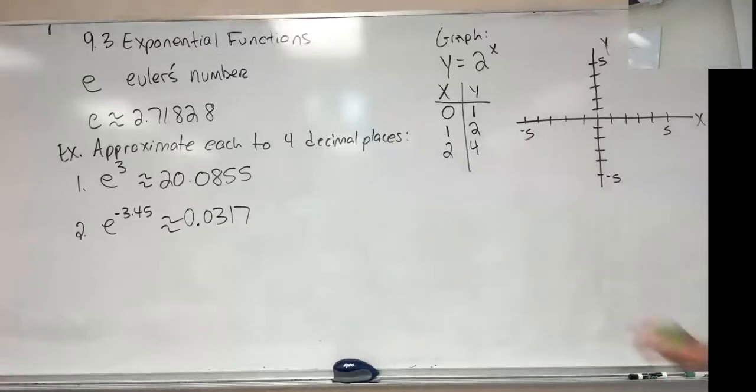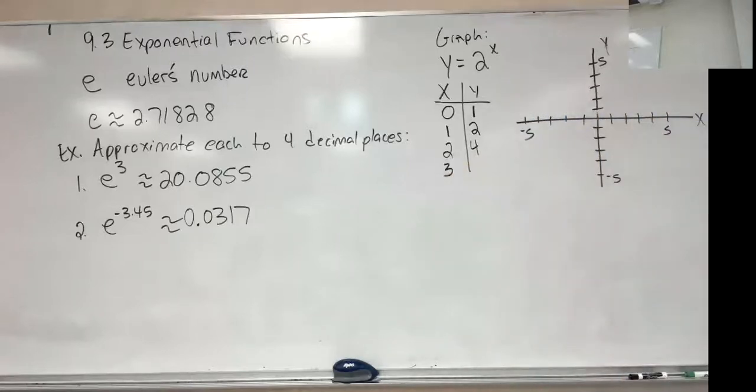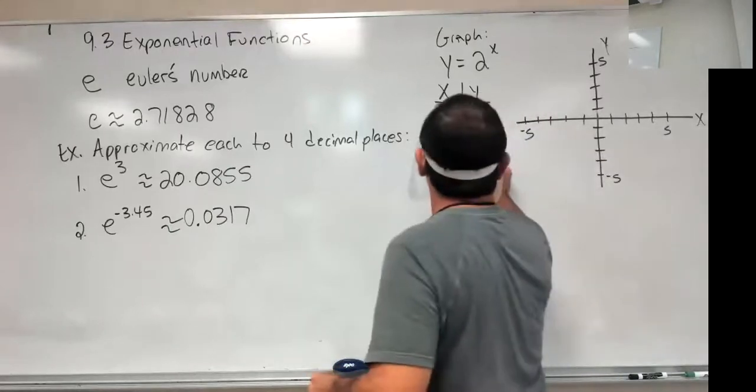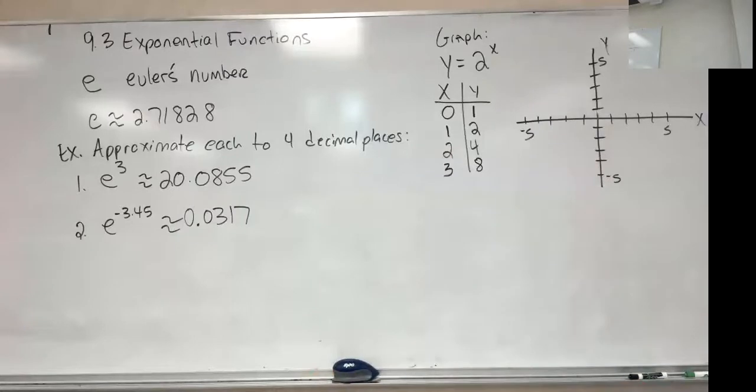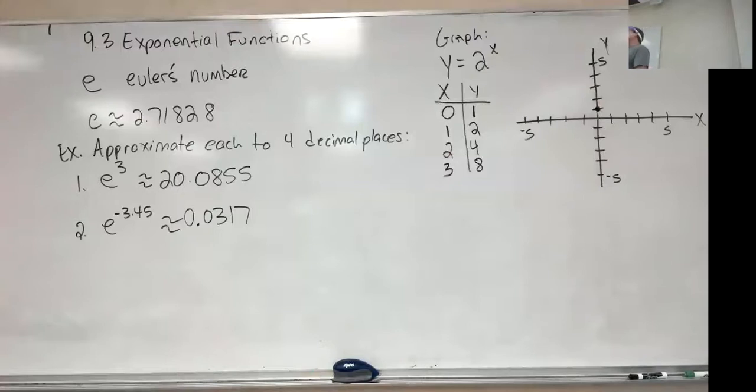If we put a 3 in there, what would I get? 2 to the third power. 8. Because you're doing 2 times 2 times 2. And they give me an 8. So that's about as far as I'll go on this one because I'm running out of graph room. So 0, 1, they're all going to cross right on the y-axis unless we shift them and stuff, okay?